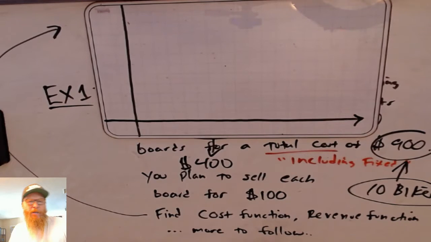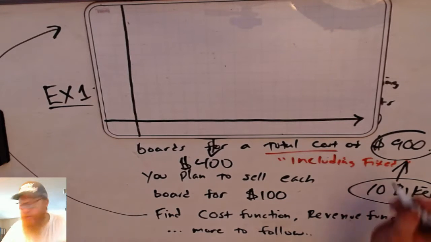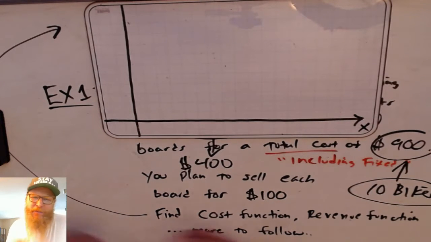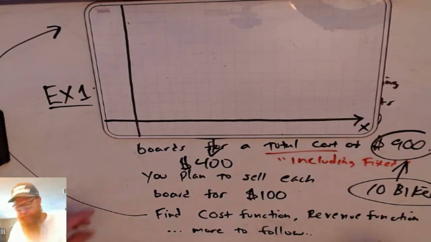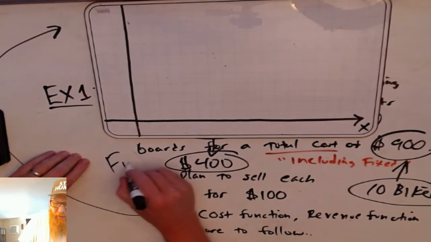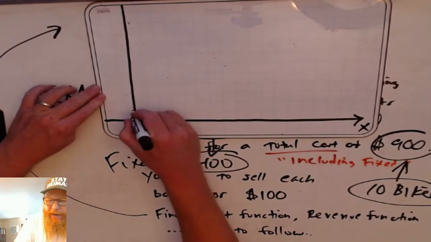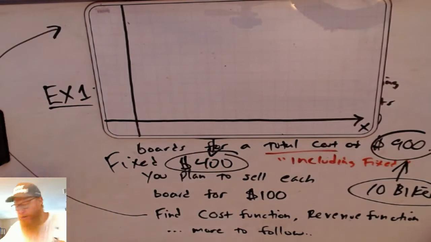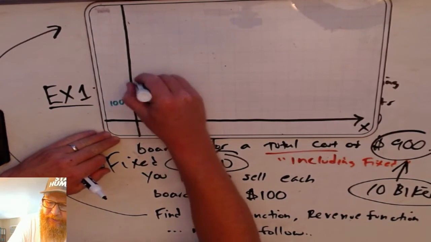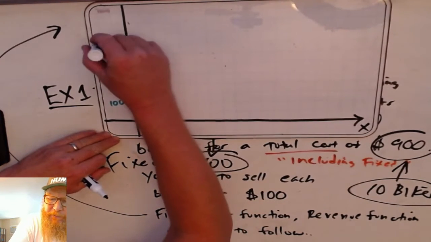There's no specific variables listed in here, so you can pick whatever letter you want to use. Most commonly, we use X, right? It's algebra, so we use X. The fixed cost always goes on the y-axis. I kind of got to decide how I want to scale this. So let's do 100, 200, 300, 400.